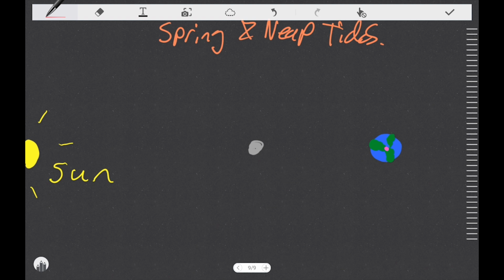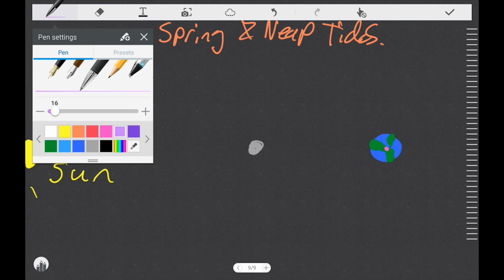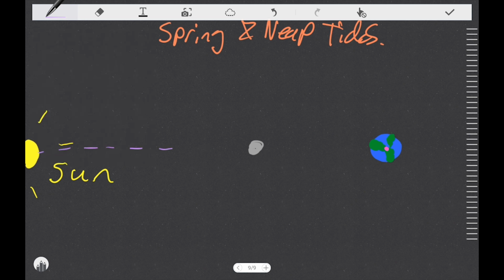So now I want to talk just a little bit more about spring and neap tides. And I want to present a couple of interesting positions that the Sun and the Moon can be in with respect to the Earth. In this first position, we're going to say that the Sun and the Moon are in line with one another and in line with the Earth. And we're going to say that the force of gravity from the sun and the force of gravity from the moon are both pulling in the same direction.